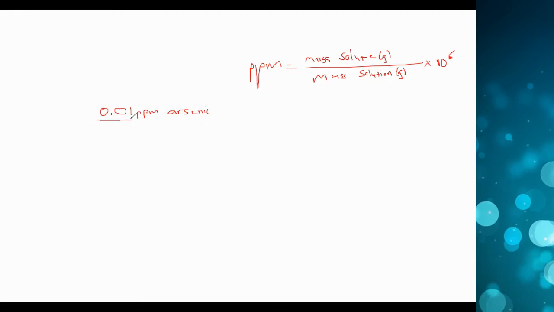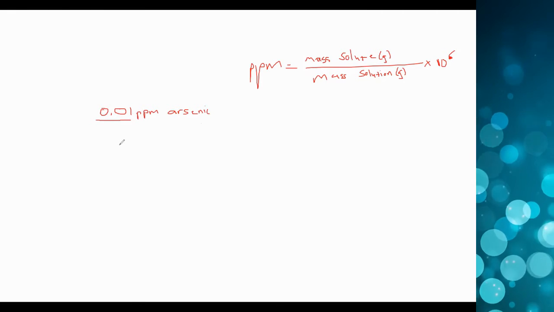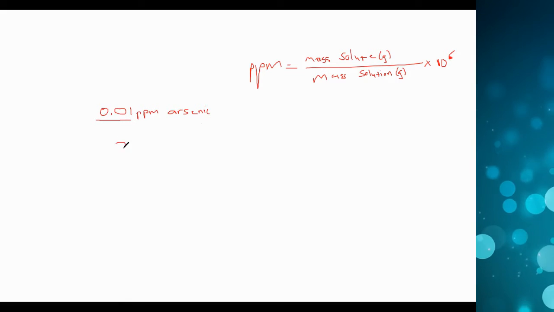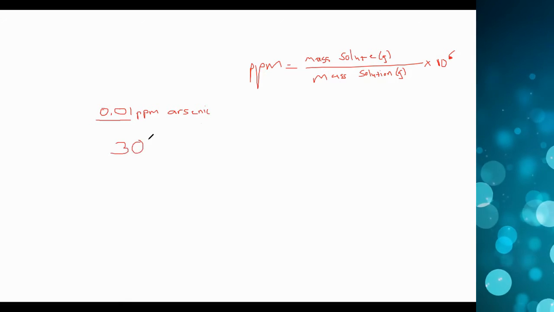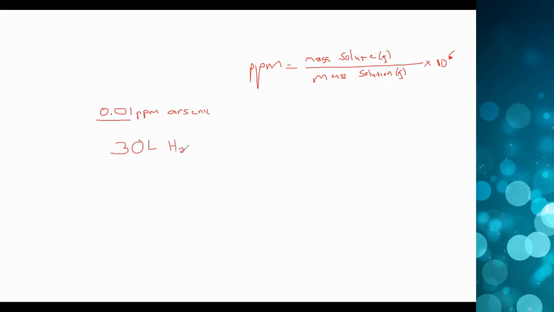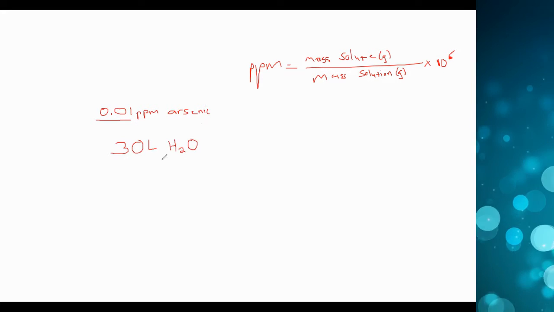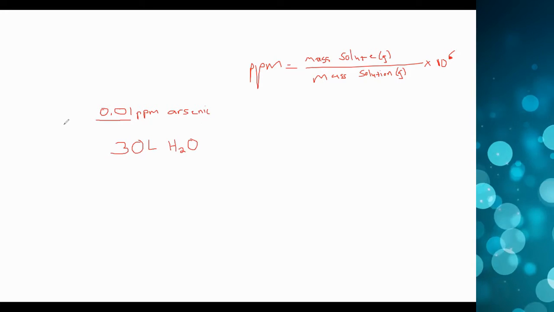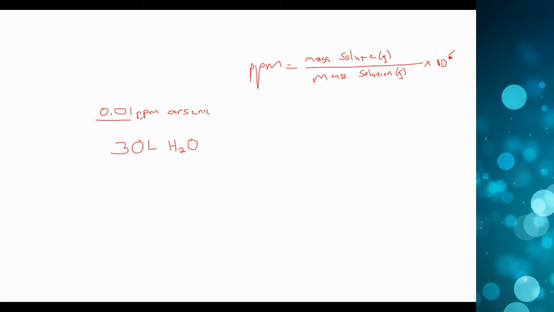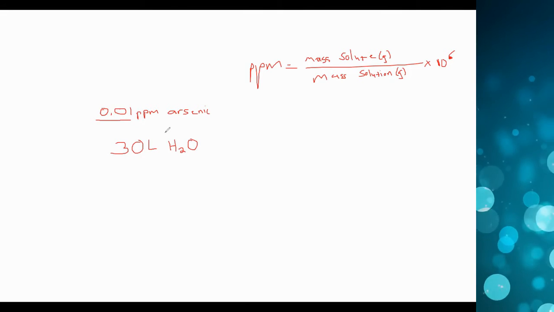I'm going to give you a second to try this problem, and we'll see if anybody gets it. Let's say we have 30 liters of water, and we know that a concentration of 0.001 ppm is the limit for being safe.